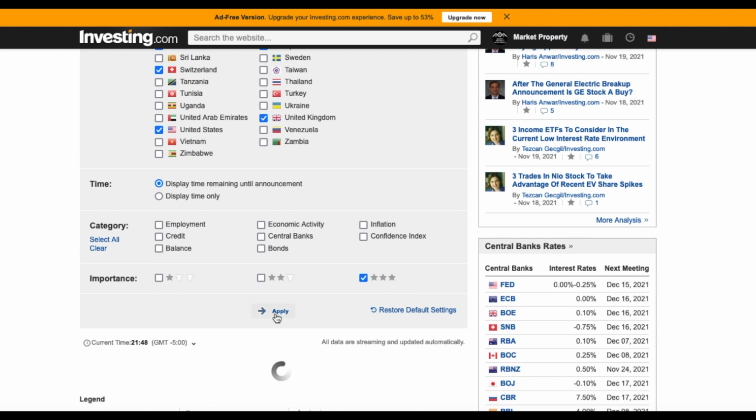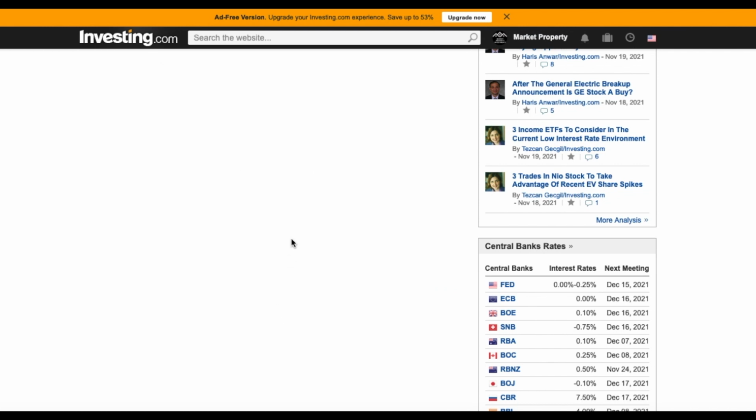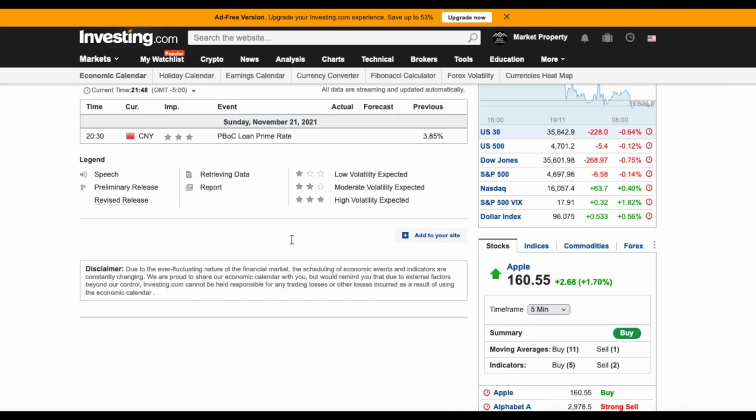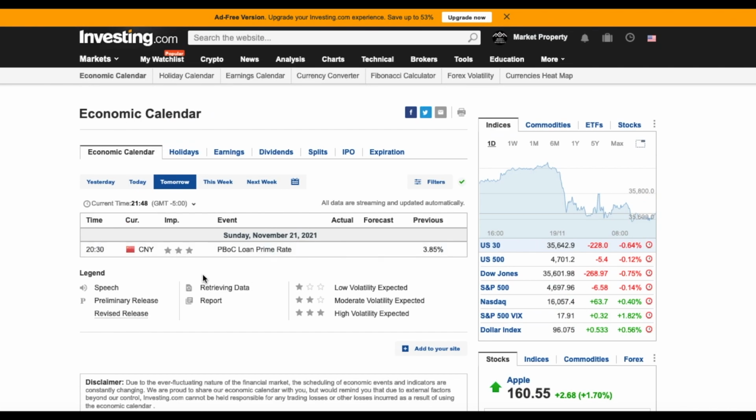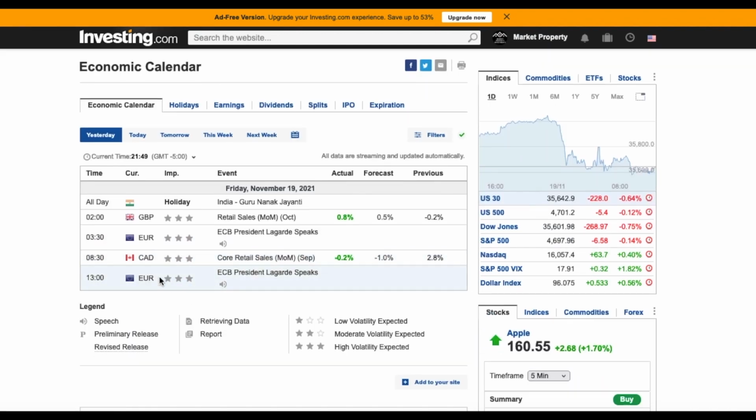Click on apply and then scroll back up so you can see which currencies for the day. It says yesterday, today, and tomorrow. It will show you which currencies will be experiencing high volatility, and that tells you that you need to have a little bit of caution if you want to trade those currencies, because your trades may not go as expected.